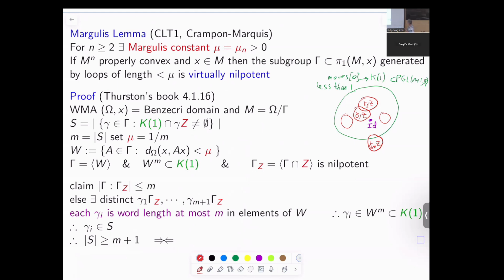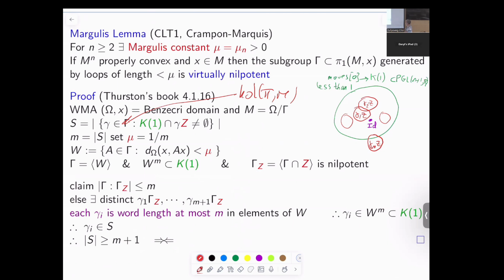And so I'm going to think about the set consisting of elements in the fundamental group of M, or the holonomy of pi1 of M, those elements gamma that move this tiny Zassenhaus neighborhood somewhere where it intersects this compact set.